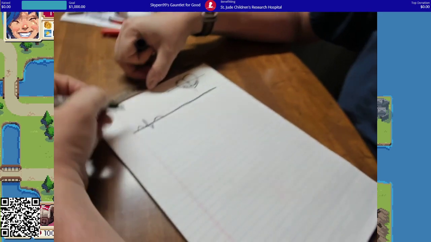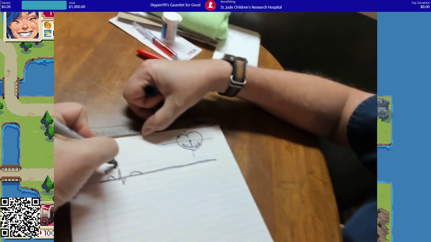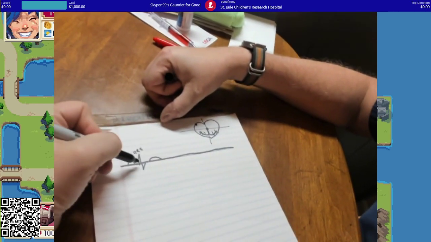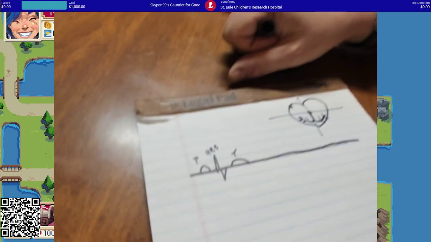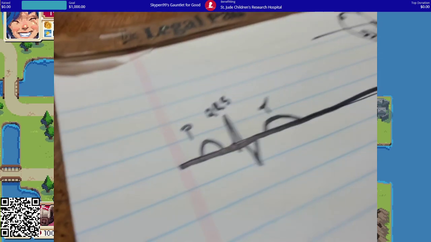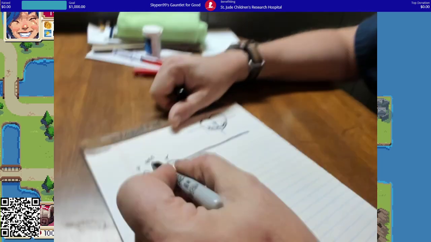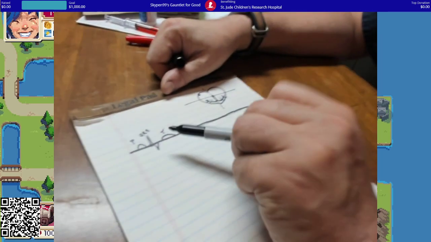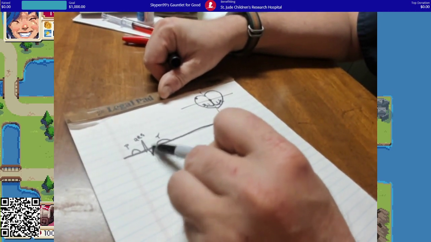So it's P, QRS, and T wave. Those are the parts of your EKG. Okay, so now we're looking at, this is one beat. You don't see the atria resetting because it's hidden in the QRS complex.